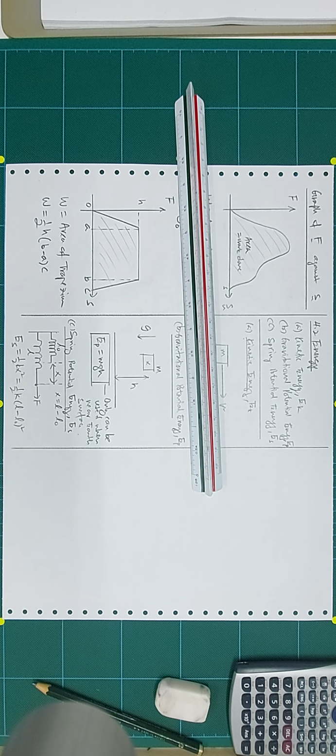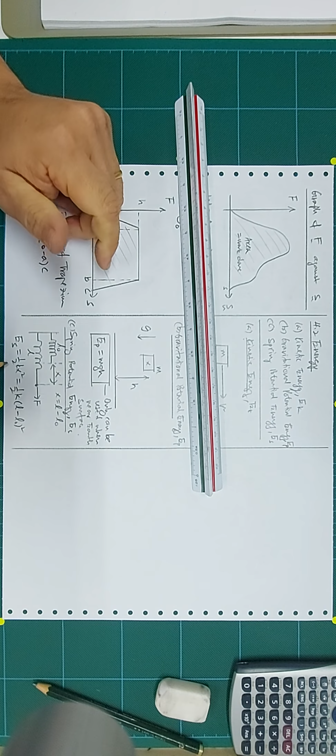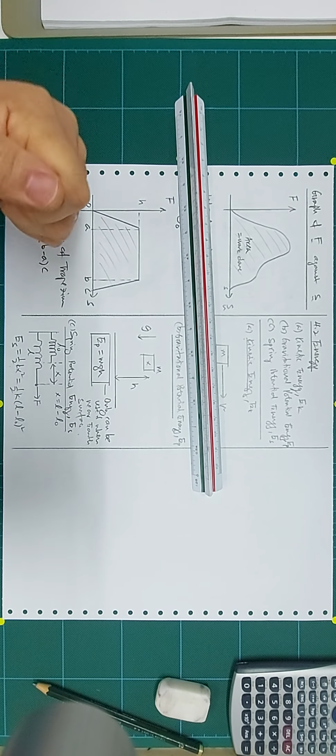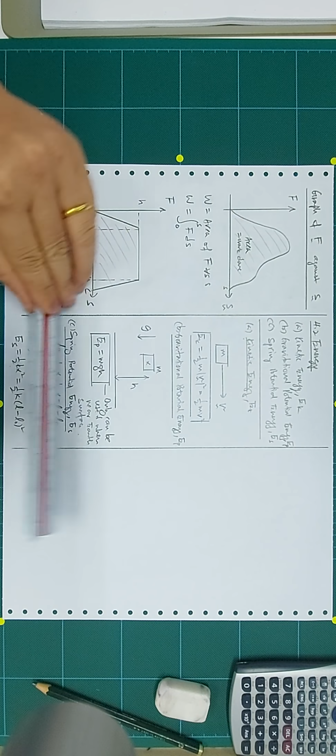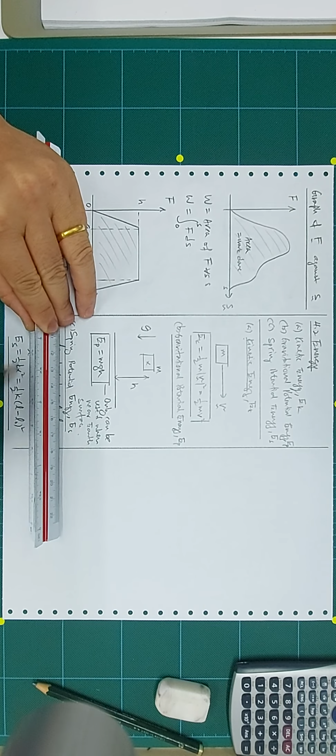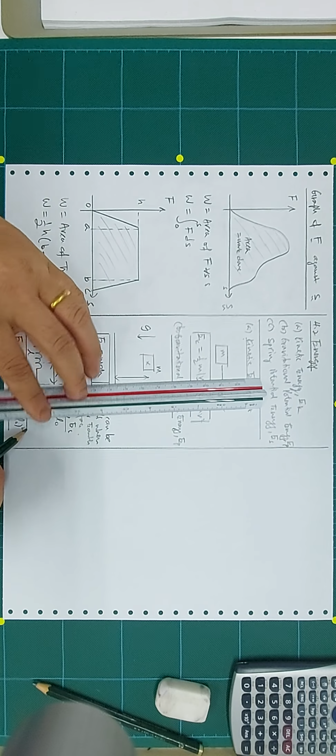Okay, half kx square or equal to half k (L minus L naught) square. The k here is a spring constant. It tells us how stiff is the spring. If the k is small, that means the spring is very easy to be pulled, and if the k is huge, it's a very hard spring, very stiff spring. Okay, so that is your third formula for energy here.